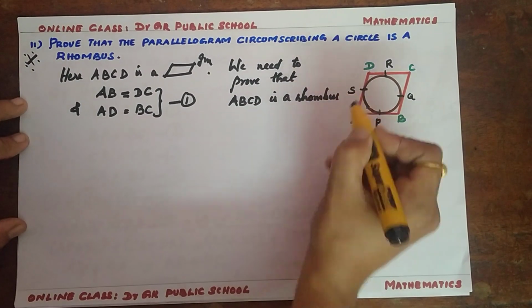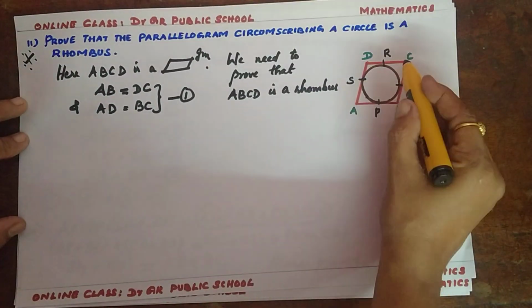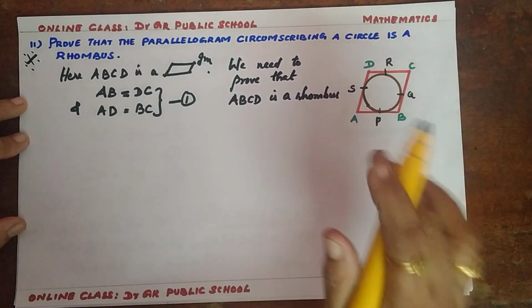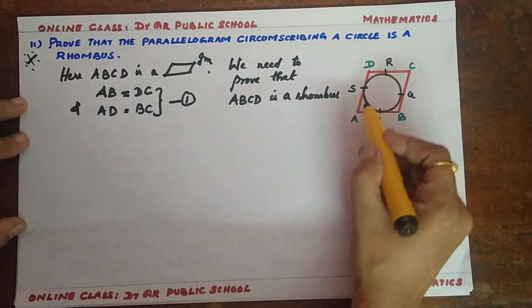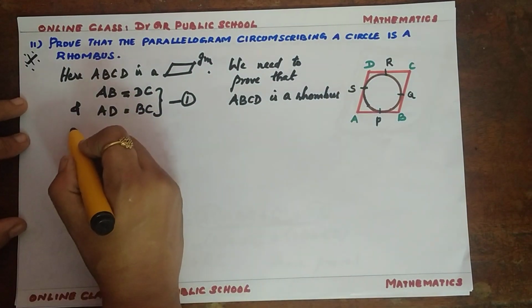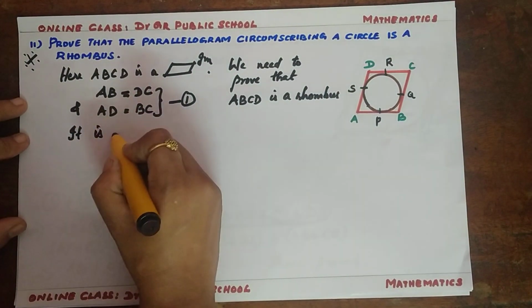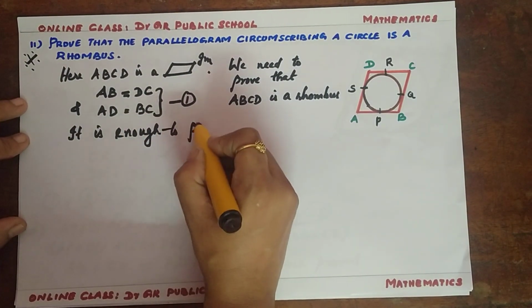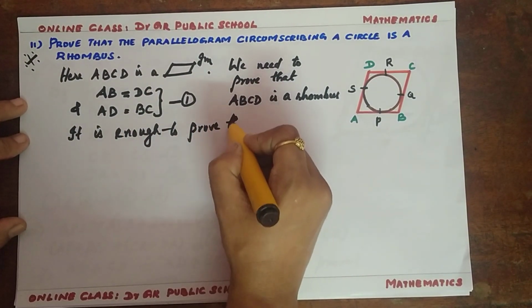What is the condition of a rhombus? Actually, a rhombus is a parallelogram in which all 4 sides are equal. But it is enough to prove that adjacent sides of a quadrilateral are equal. Listen here, it is enough to prove that.